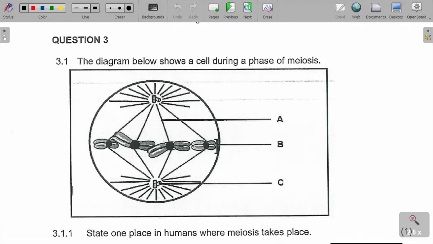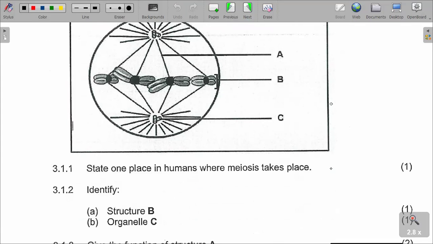And then the next question wants us to state one place in humans where meiosis takes place. This is also a common question, which I always emphasize to my students, that you need to know where in plants and in animals meiosis takes place, whether in male or female.